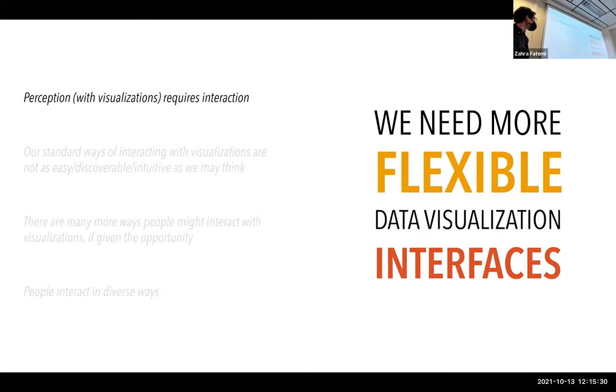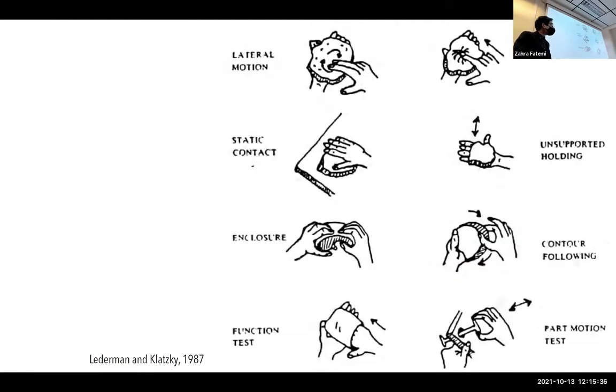All right, so first of all, perception requires interaction. Where does it come from? We've known for a long time that to perceive something, we need to interact with it. If we manipulate physical objects, like we weigh them, we touch them, etc., it gives us some feedback that we perceive through our senses, and we then interpret what we just perceived. We learn, and we can draw conclusions.